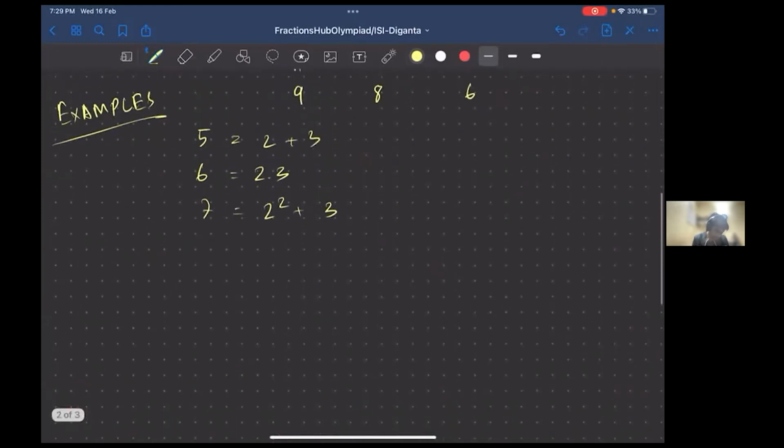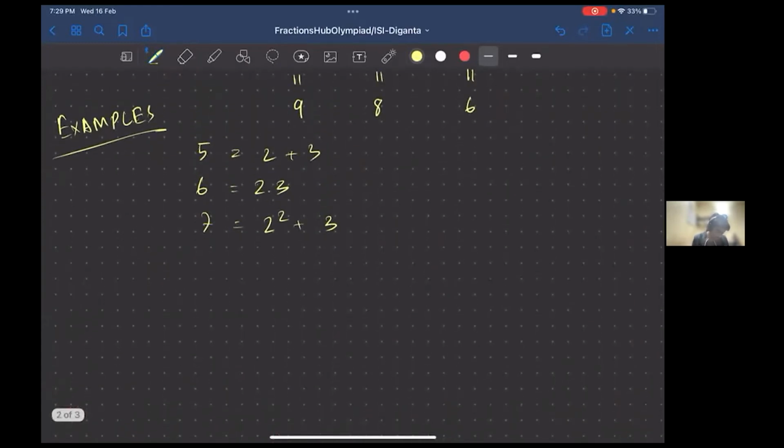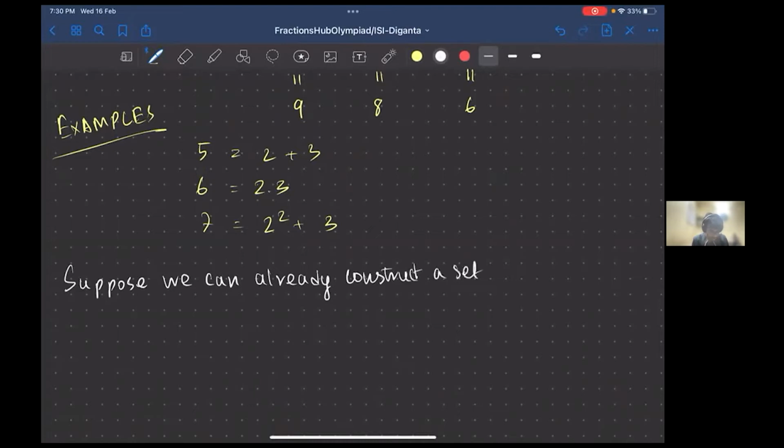Now, as we know, for mathematical induction problems, suppose we can already construct a set Sn with the following properties.